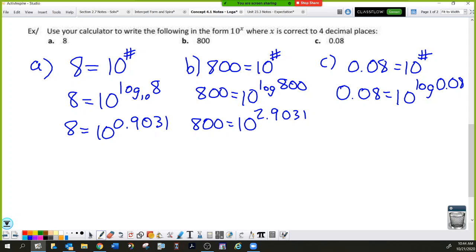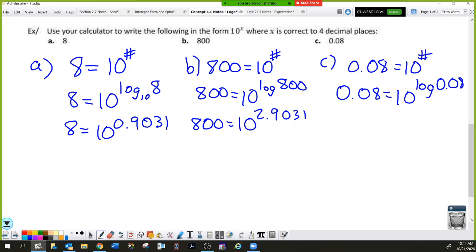And I'm holding a calculator, but just see I'm not using it. I bet you it's 0.9031 plus -2, or 0.9031 minus 2. In fact, I will do 0.9031 minus 2.